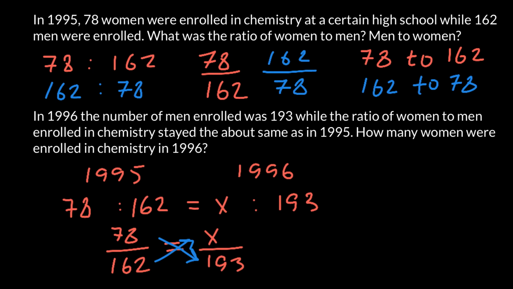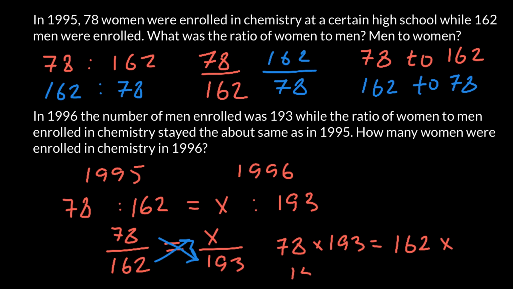We are going to get 78 multiplied by 193, which would equal 162 multiplied by x.